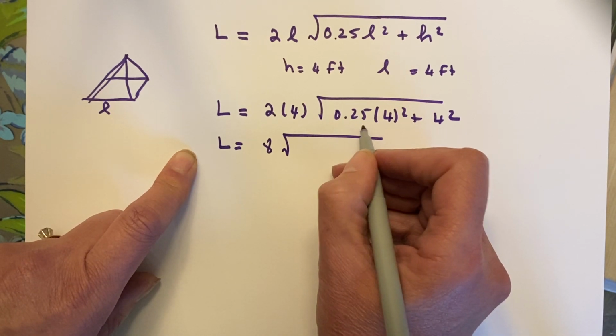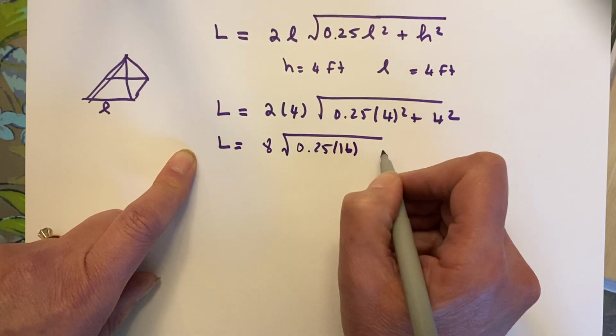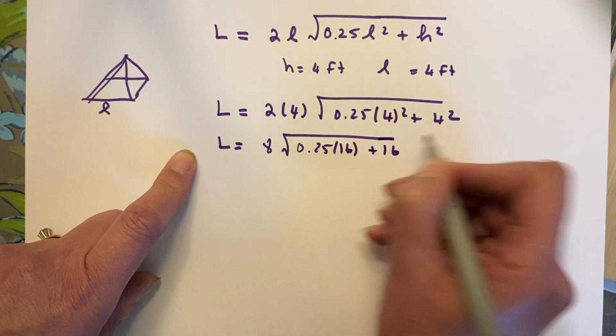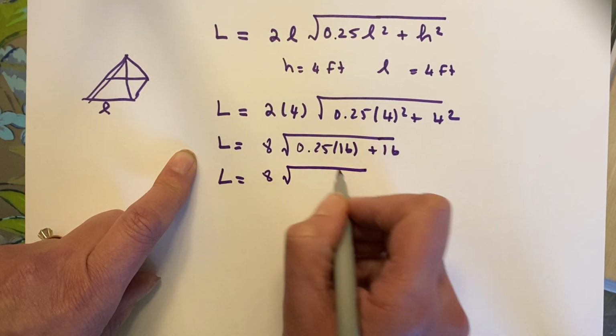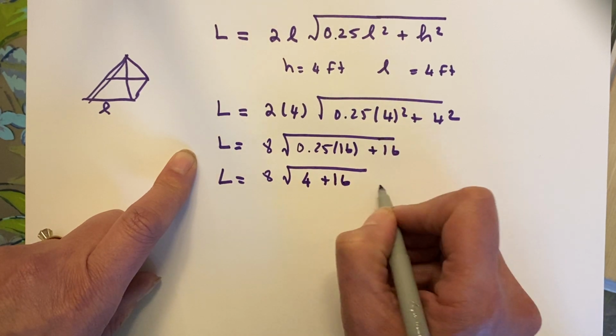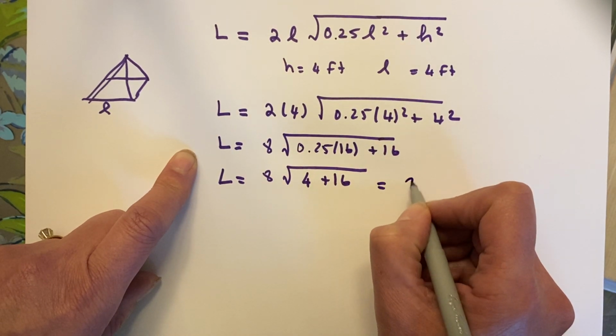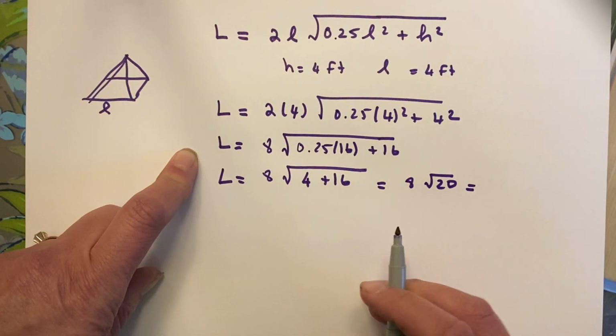So it's really 0.25 times 16 plus 4 squared, which is 16. Well, 8 square root of 0.25, or a quarter of 16, is 4, plus 16, and I get 8 square root of 20, and I need to simplify that.